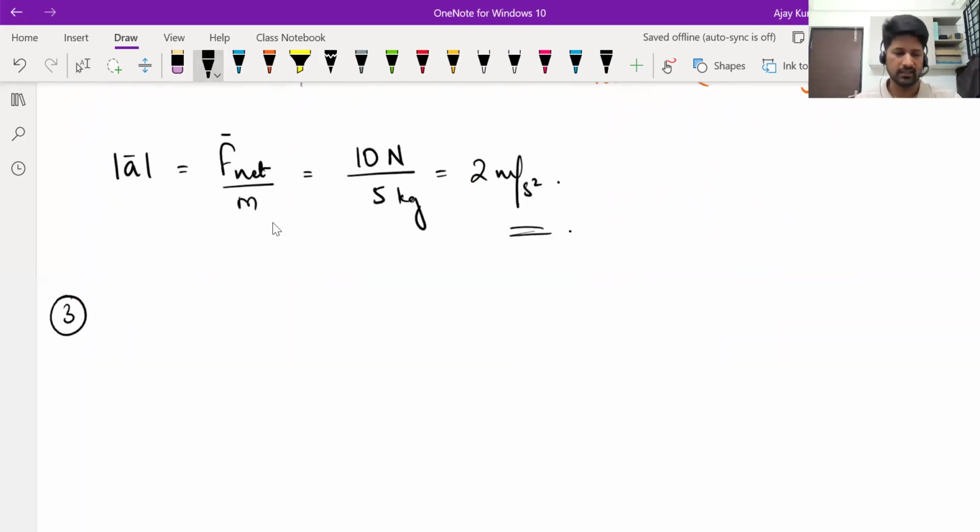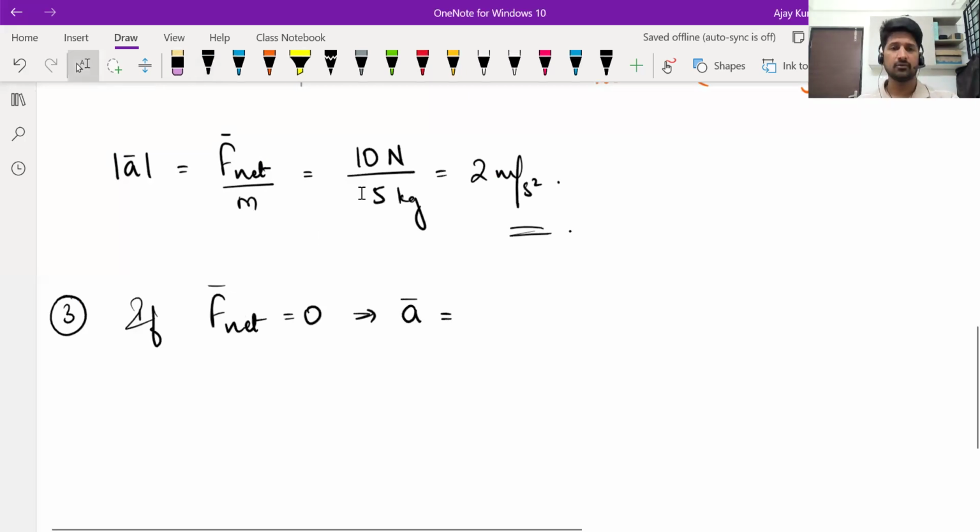Okay, now answer this directly, anyone. If the net force on a system is 0, how much will its acceleration be? If the net force on a block or a mass is 0, how much is its acceleration going to be? 0, sir.